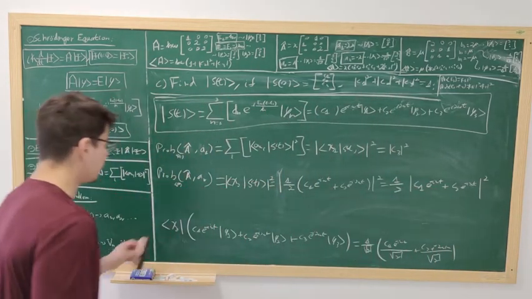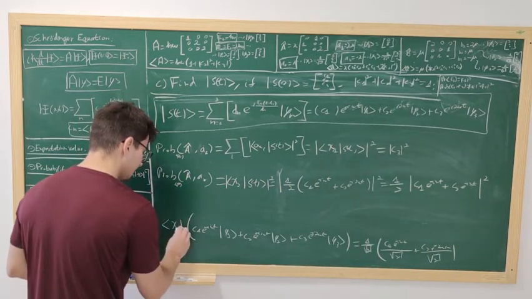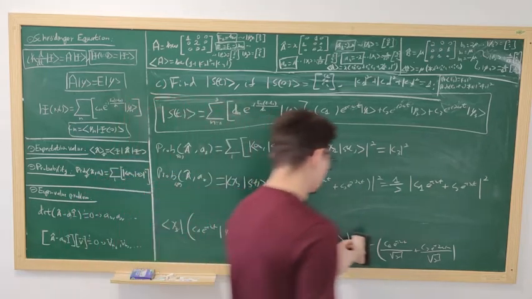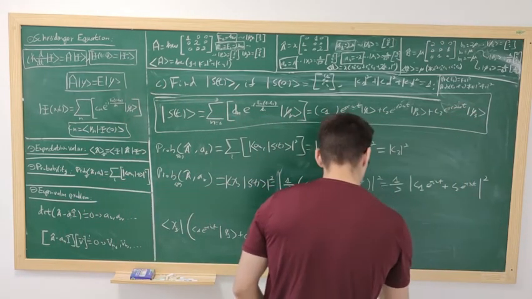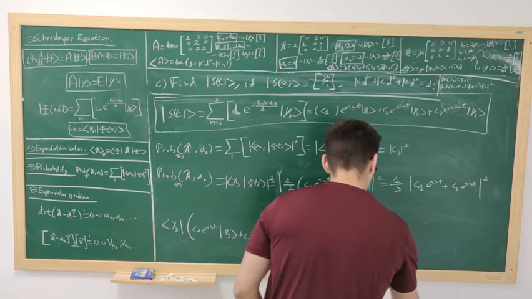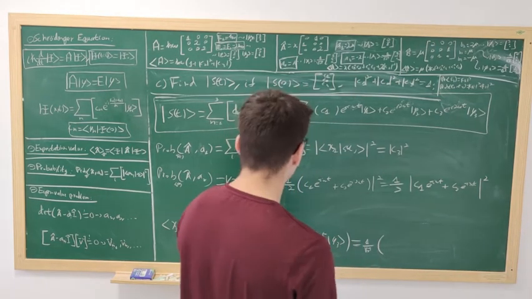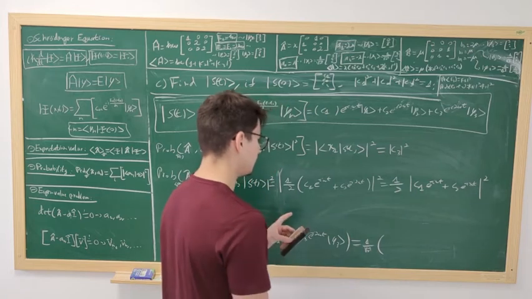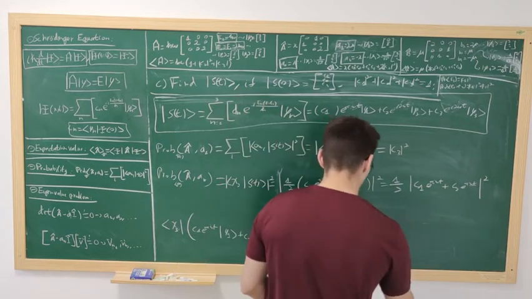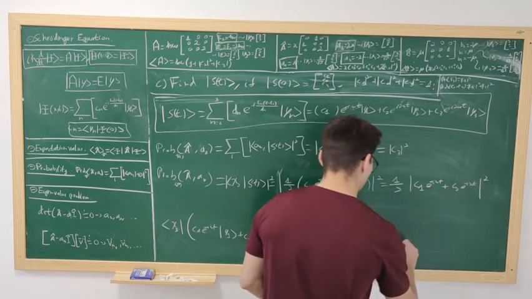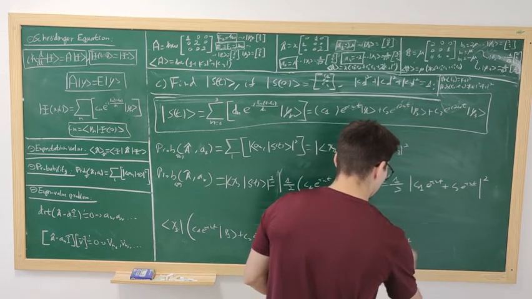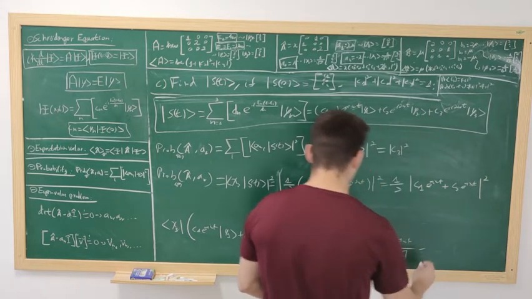And if we do the same for psi 3, we get 1 over the square root of 2 with the exact same expression, but with a minus sign here. If you don't trust me, just check it yourself and you'll see that you get this.